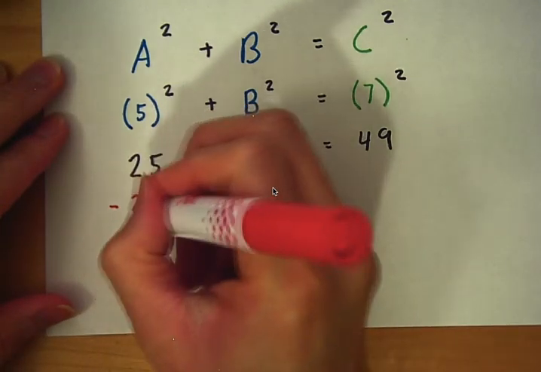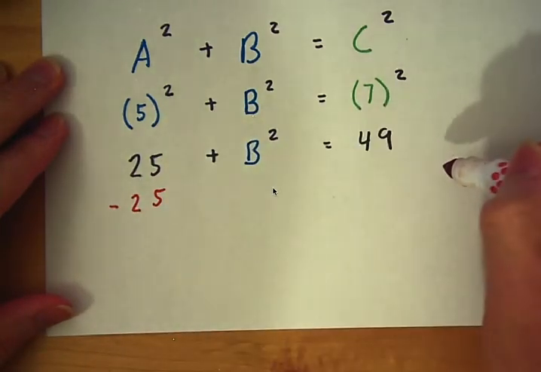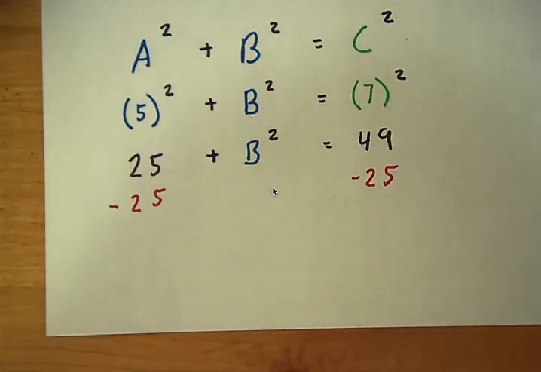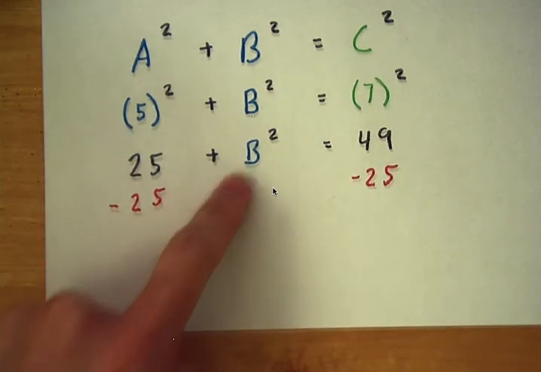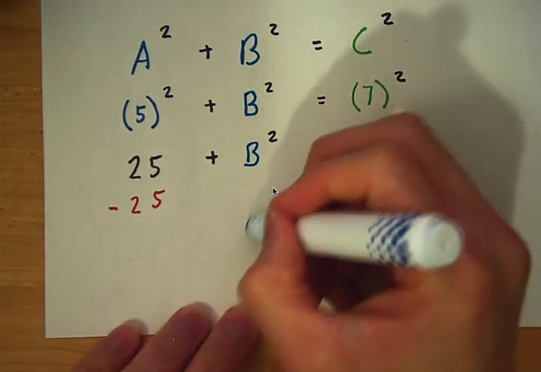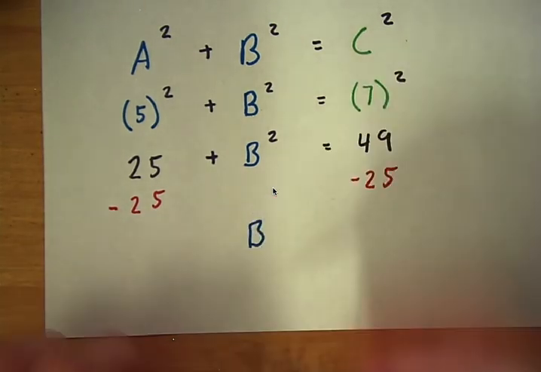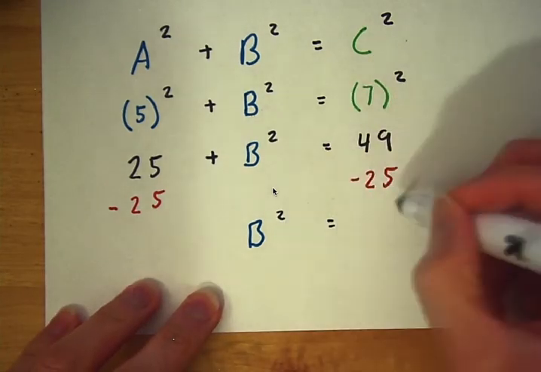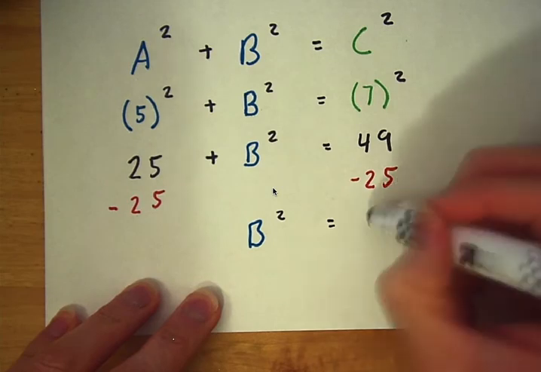Minus 25 to this side of the equal sign, minus 25 to this side of the equal sign. Positive 25 plus b squared minus 25. That will just become 0, and 0 plus b squared just becomes b squared. 49 minus 25 is 24.